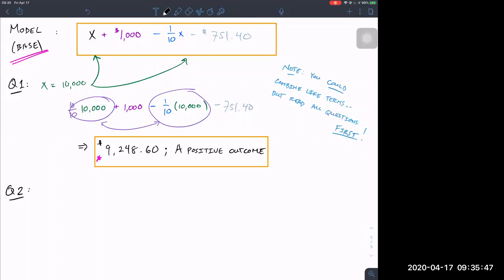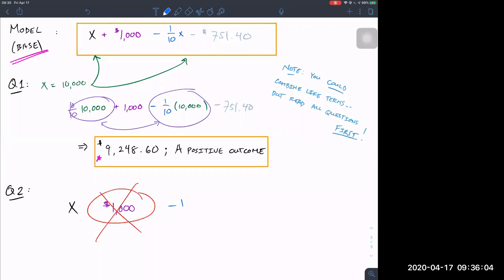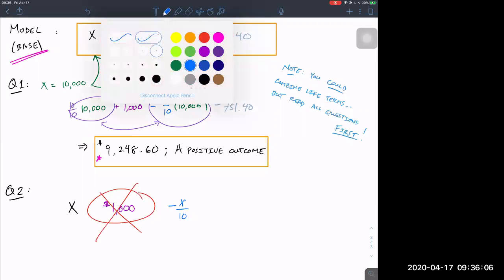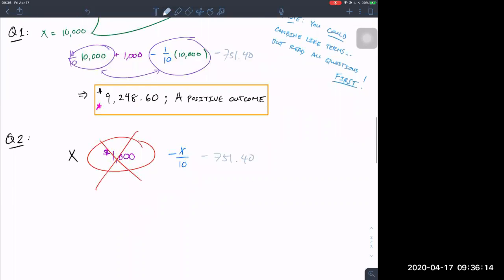Well, again, you look at the base model and obviously you're going to have some kind of income, but the key component is that there's none of this $1,000, because I said explicitly that it was going to be there every other month. So that's not there, but this still is, as well as your lease for the month. So if we're going to write this up in a cleaner fashion, your second month's model, which becomes your new base now, sorry, not new base.